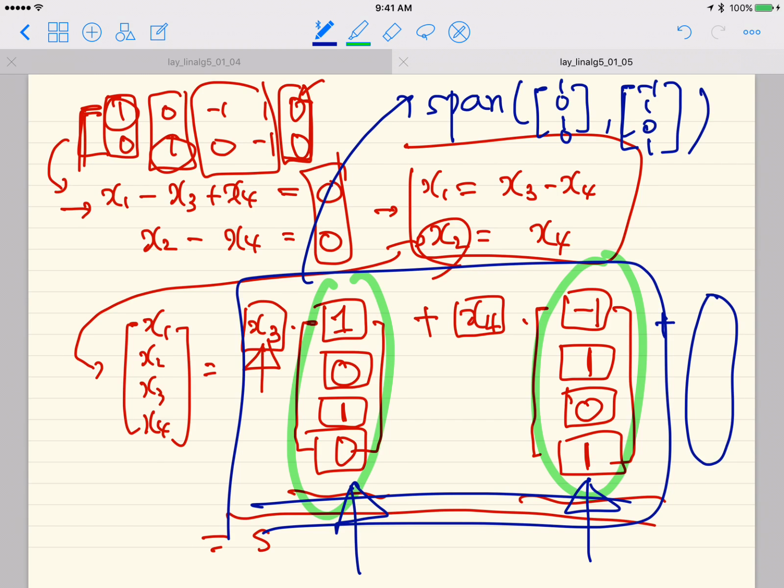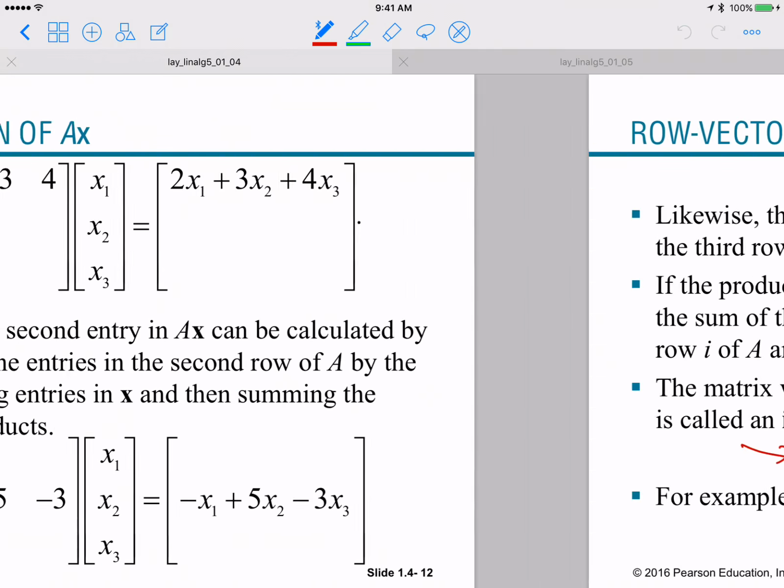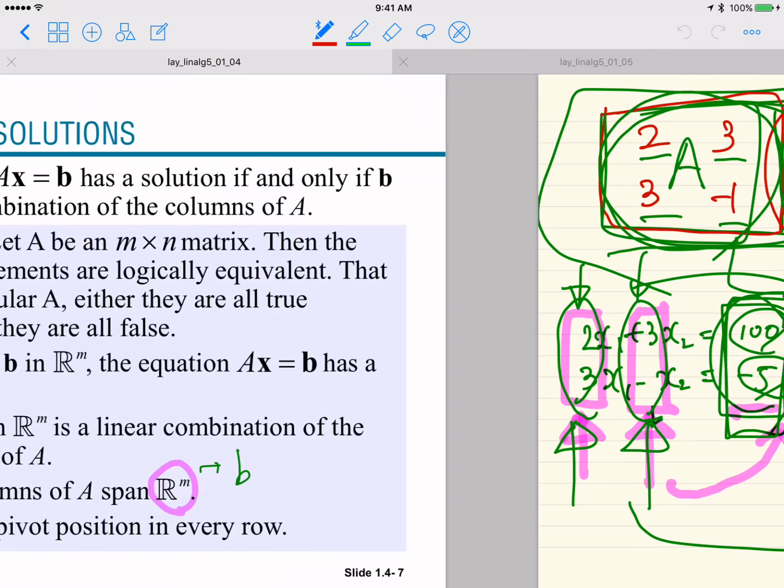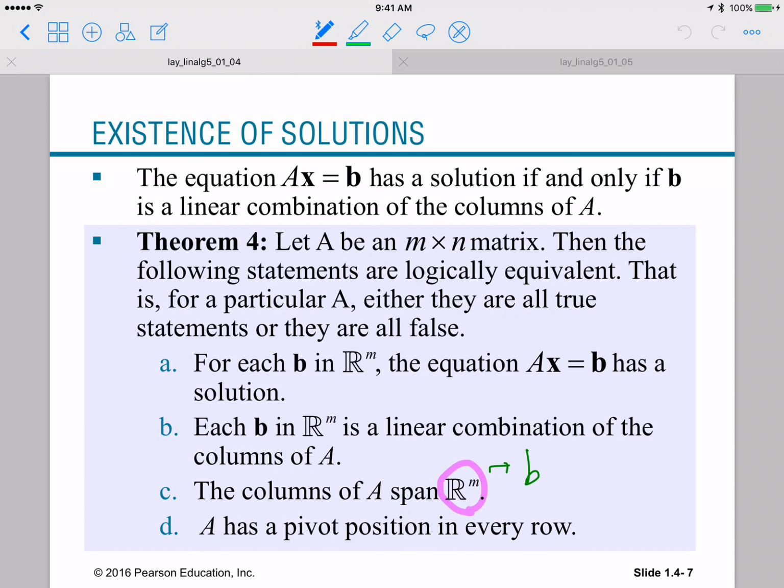Yeah, I have a question. When can I decide if it's a linear combination? Because I cannot get it here. You mean something like this? Yeah, this one.